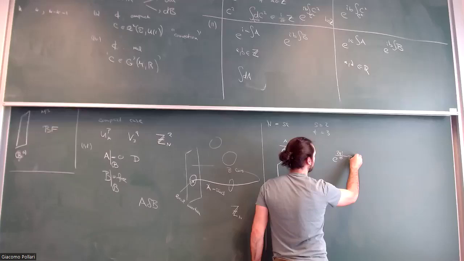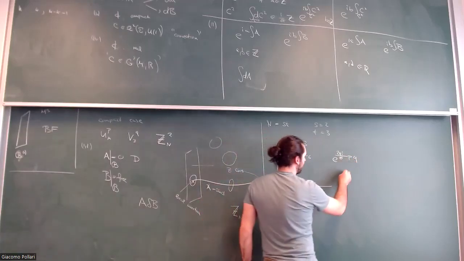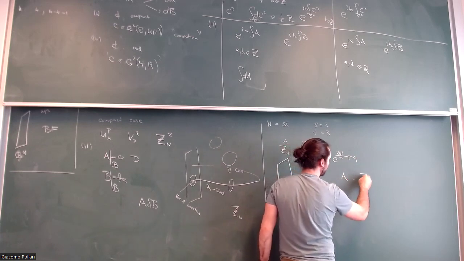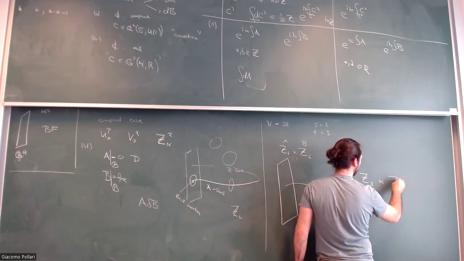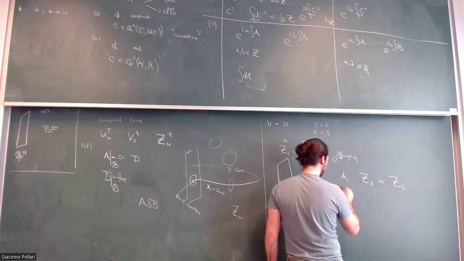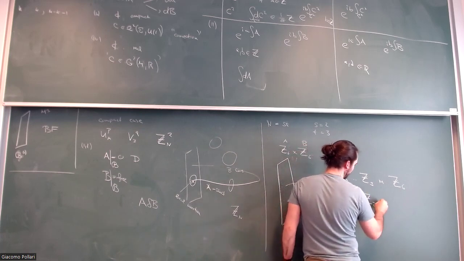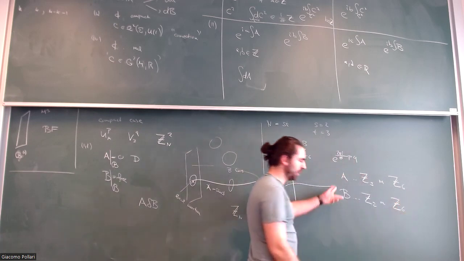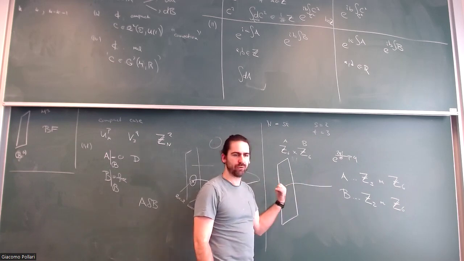If, for instance, my A lines are in Z3 inside Z6, they will be mutually transparent, and they can both end at the boundary.